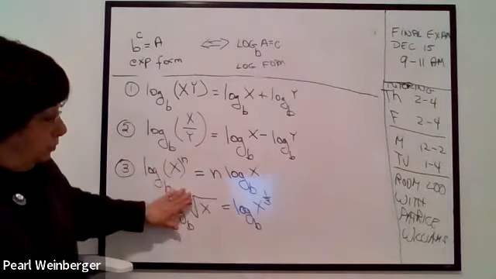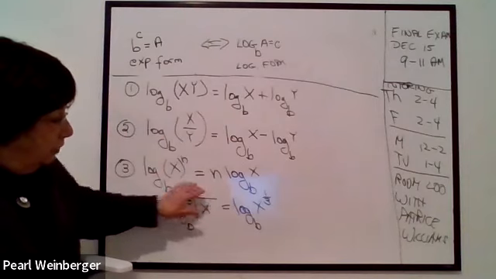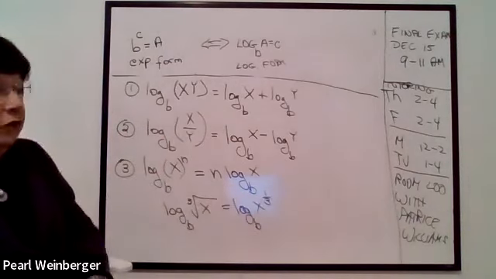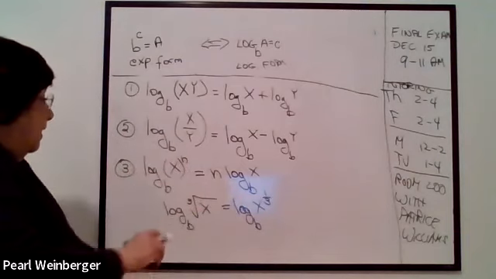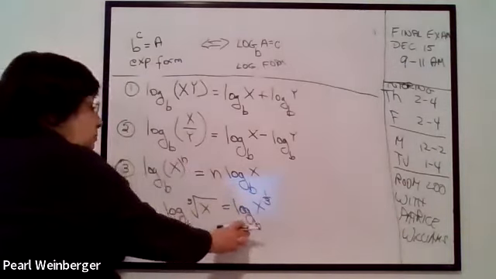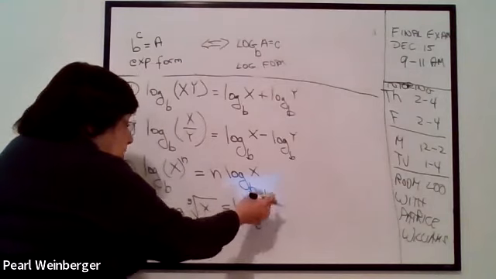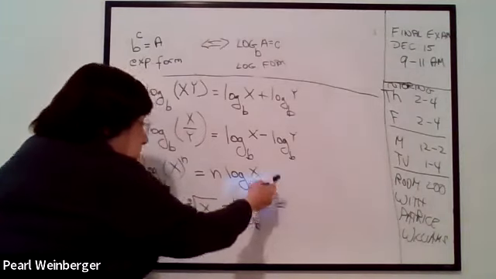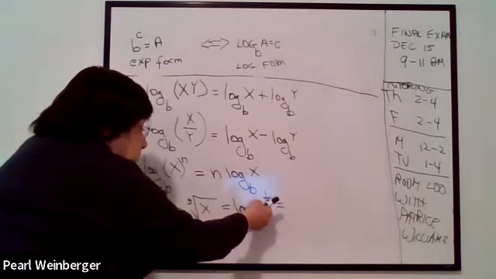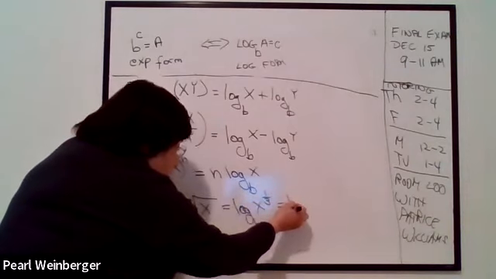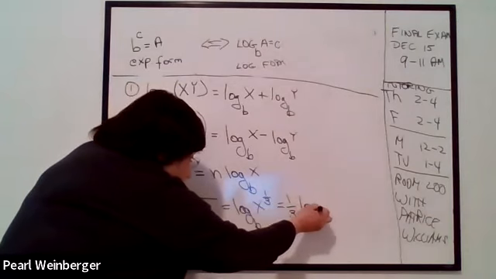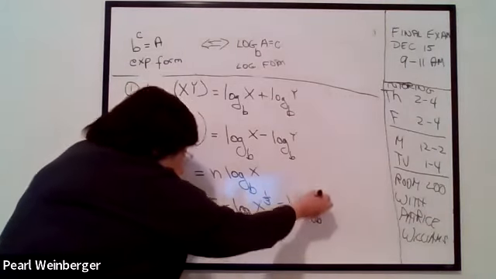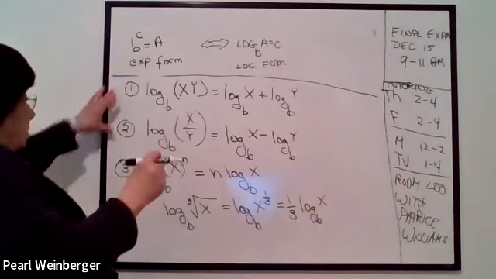So if this would have been plain X, the square root of X, this would have been X to the 1/2. But then I can use this rule. I have the log base B of X to the 1/3 power. Remember what I said, what happens with your exponent? It becomes your coefficient. So this becomes 1/3 log base B of X. So there are these three rules.